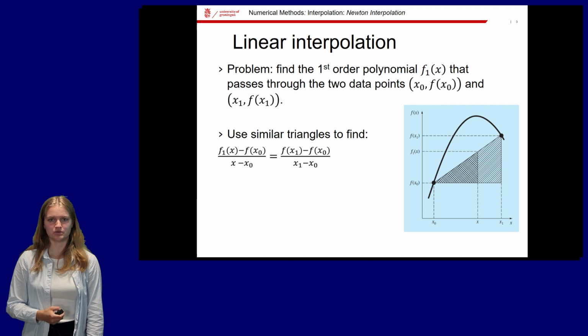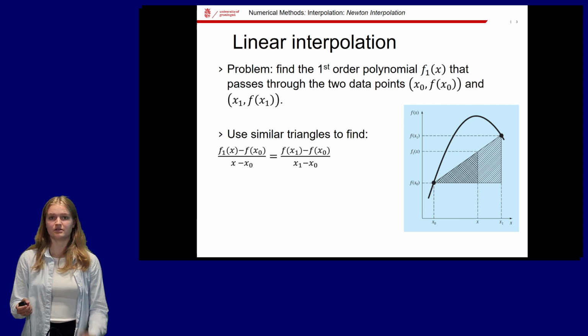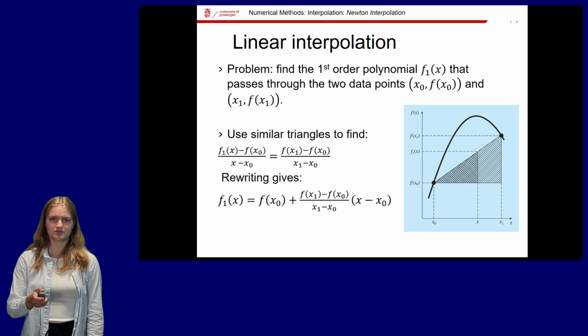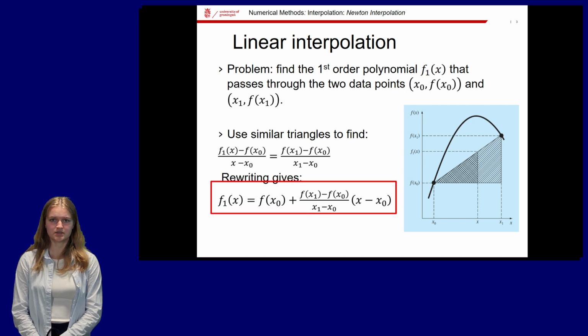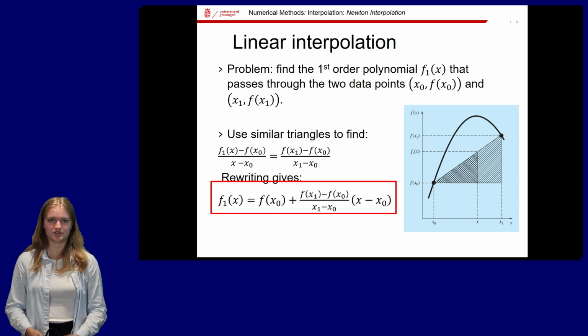That is going to be equal to the ratios of the sides of the larger triangle. And then you can rewrite this expression to find this equation. This is the final expression for the first order polynomial f1 of x. And therefore this is just the general expression for the linear interpolation.